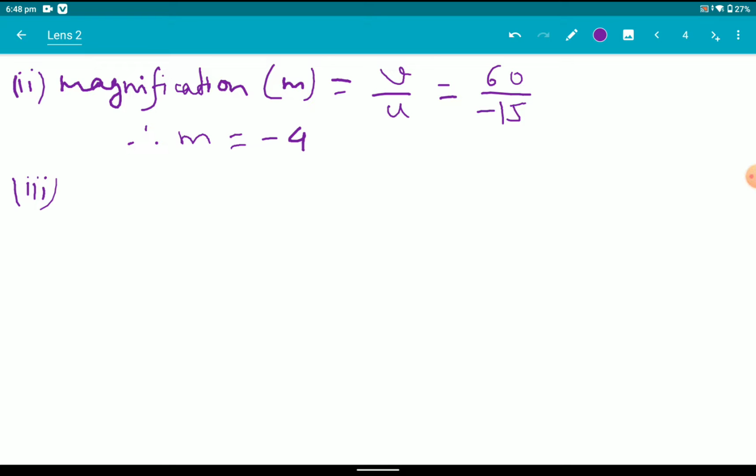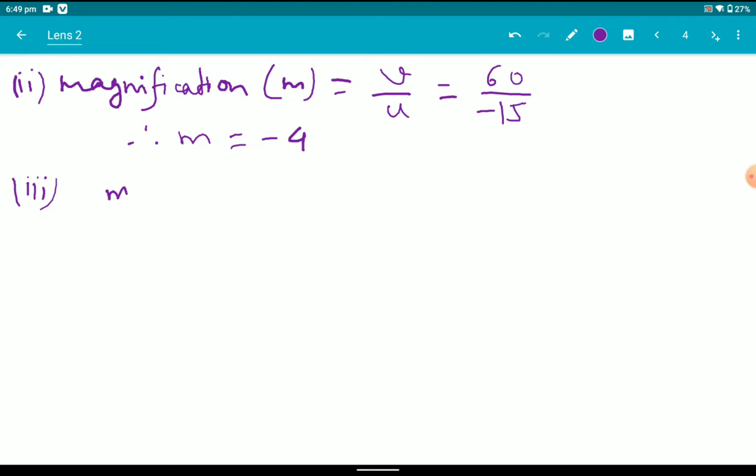See, the value of magnification is minus 4. If we consider just the numerical value, it's 4. So 4 is obviously greater than 1. So the image is obviously a magnified image, because the magnification value is 4. If I consider only the numerical value, if it is greater than 1, then it's a magnified image.